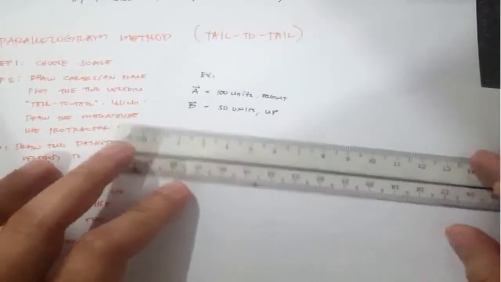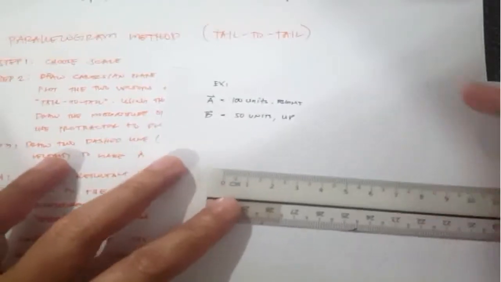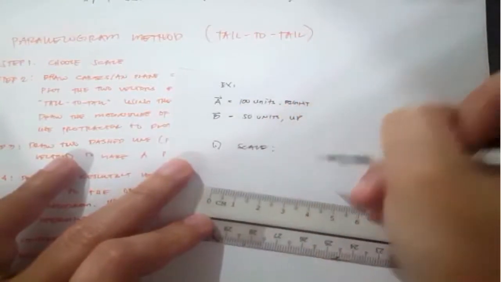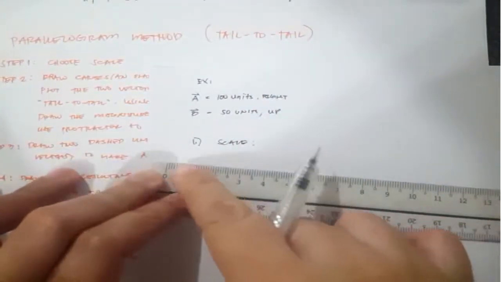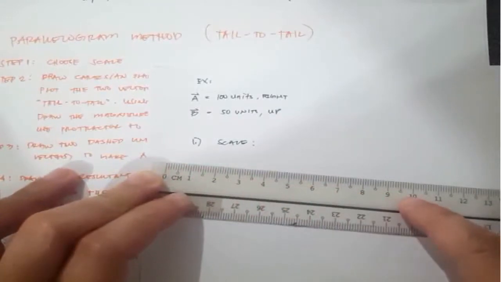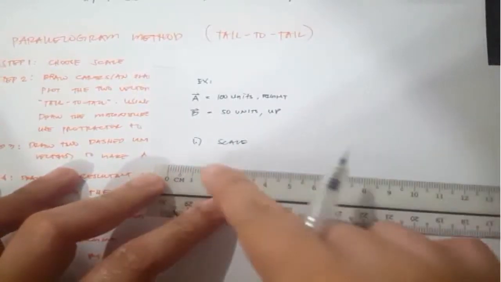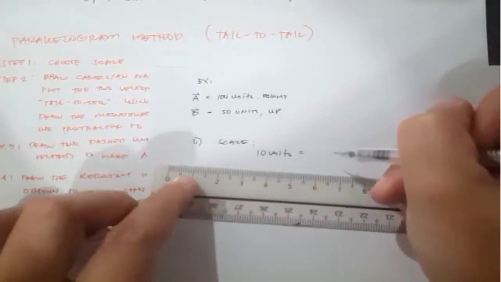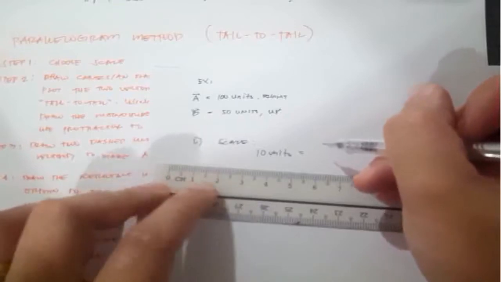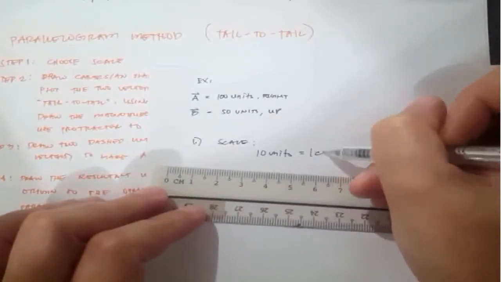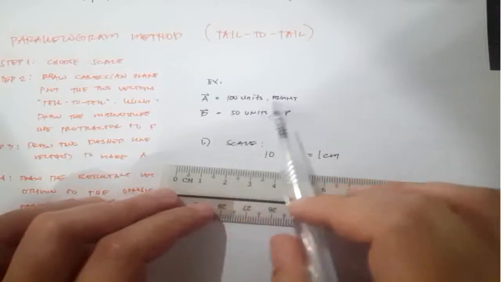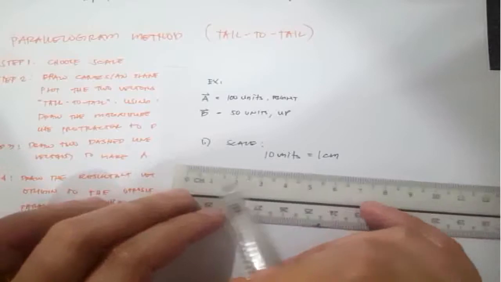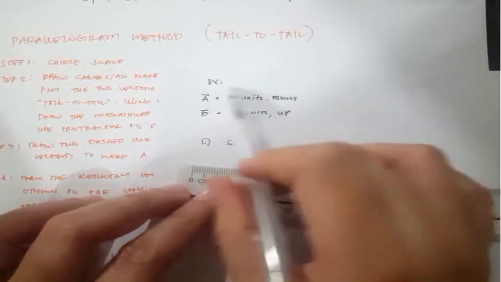For the meantime, let's use 10 units equal to about 1 cm. It only means that every centimeter is equivalent to 10 units.